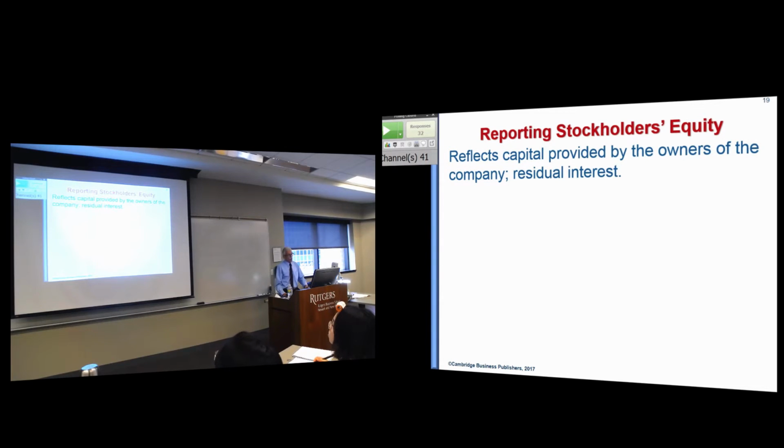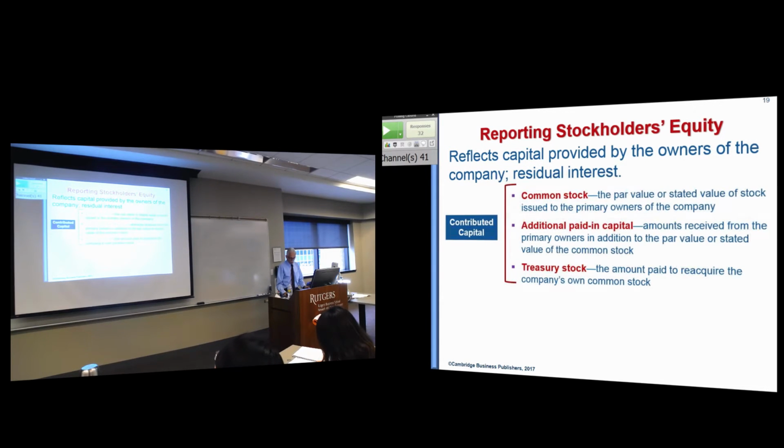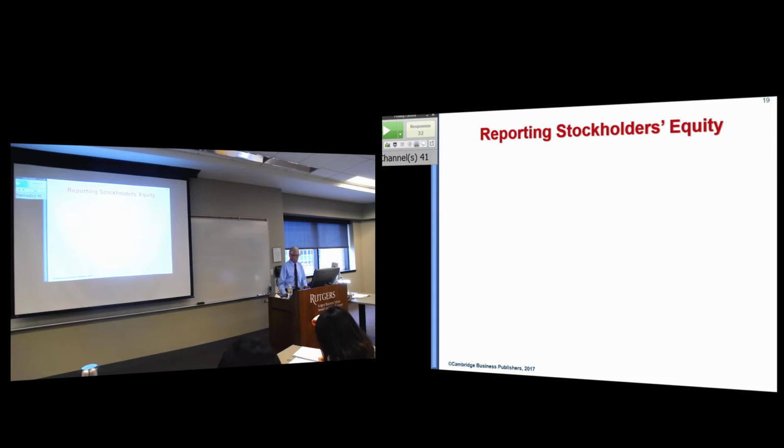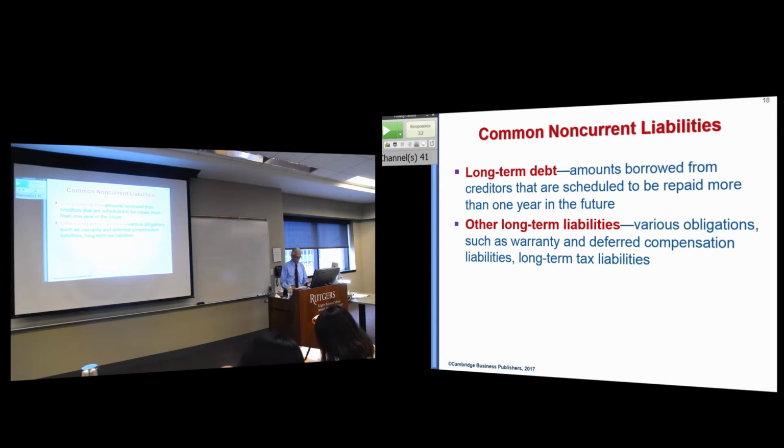All right, in stockholders' equity, of course, this is the residual interest. By the way, I just want to make sure you understand that all the liabilities have a senior claim. As I mentioned earlier, last week, when you look at assets equal liabilities plus equity, the creditors have the senior claim against the assets. So we sometimes look at equity as net assets, assets minus liabilities, and that's why we look at this as a residual claim.